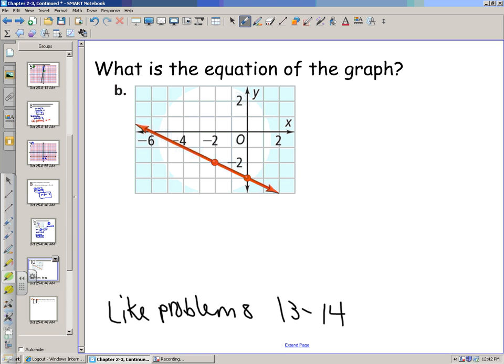It's a negative slope. What's another dead giveaway? The y-intercept's the easiest one to locate right away, right? So what's my y-intercept? My y-intercept is the point 0, -3. Right? Now, when I'm doing slope, which point do I start from? Why do I start at the bottom point? Because I got to rise.